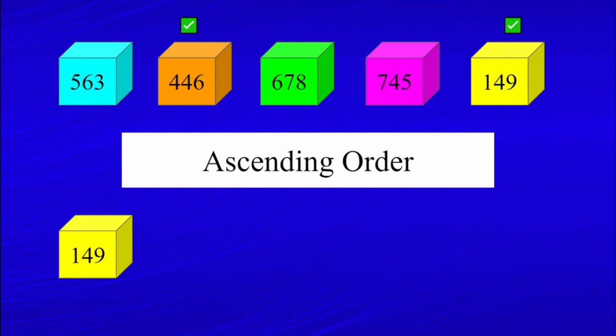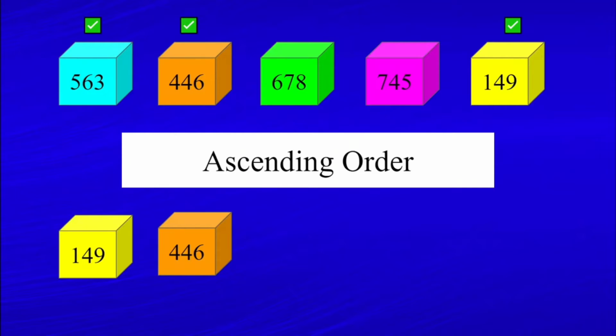Yes, it's 446. So we will arrange 446 after 149. Now, which among the 3 boxes has the lowest number? Very good, it's 563. So 563 is the lowest among these 3.